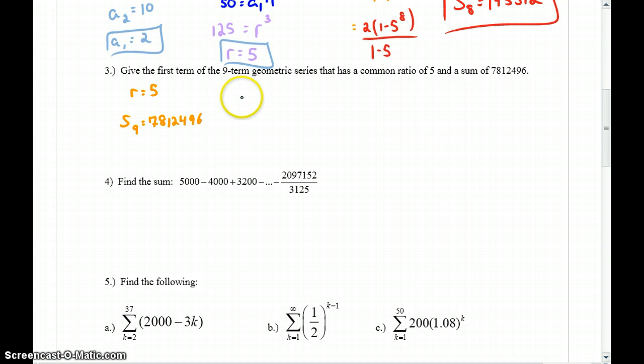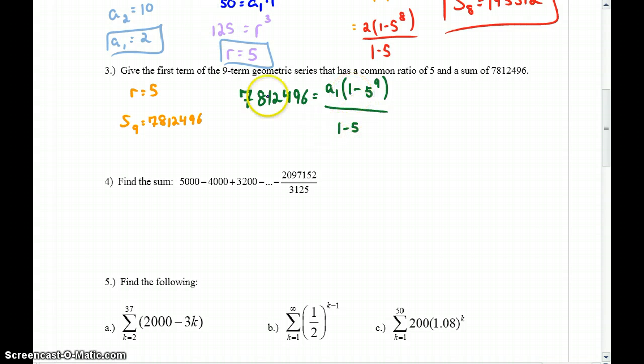The sum of the first 9 terms is 7,812,496. This equals, well, the first term times 1 minus the common ratio to the number of terms. In this case, there's 9 terms, all over 1 minus 5.